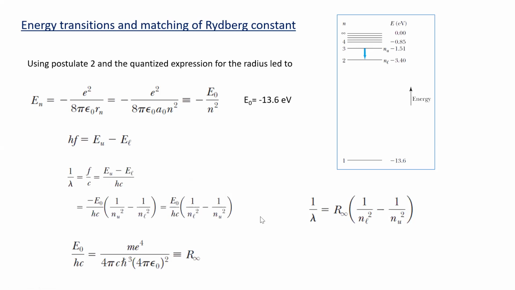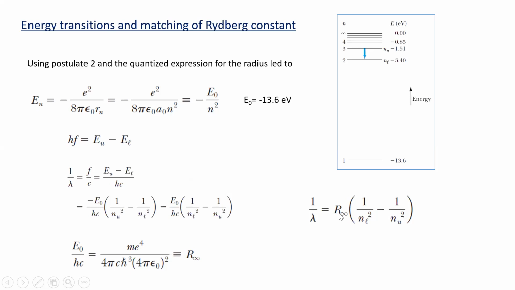So we can identify the constant here, the Rydberg constant, as E naught, the ground state energy, over hc, which if we write it out in terms of all of these constants, becomes this combination of masses and h bars and c's here. And that's equal to the Rydberg constant.